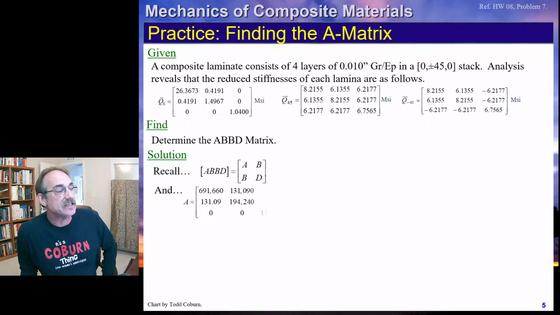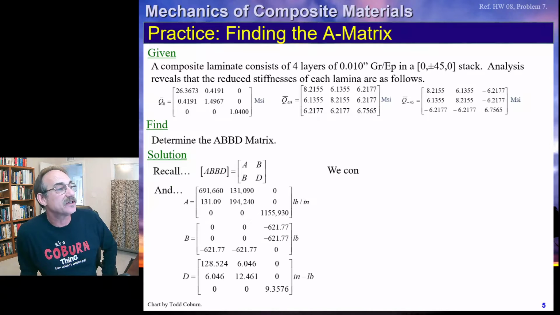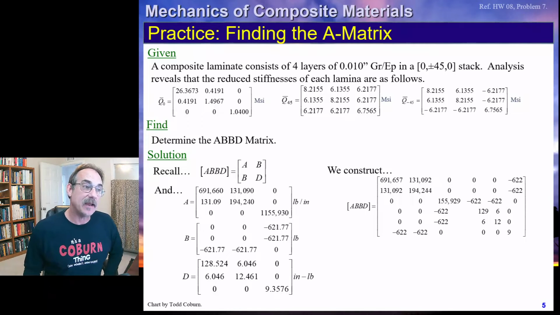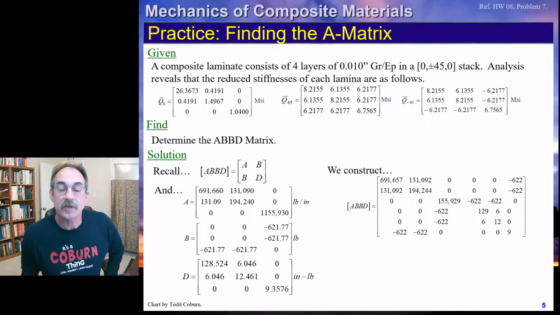So if we put these together, we've got the A matrix, the B matrix and the D matrix, which go together like this. You'll notice this upper 3x3 is the A matrix. The one to the right and below is the B matrix, and the one at the lower right is the D matrix. That constructs the ABBD matrix, which you now can use to relate stresses to strains.